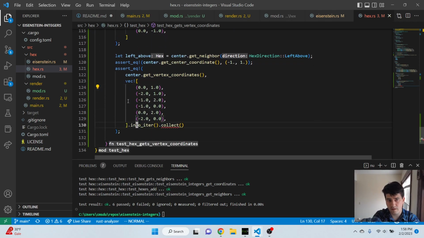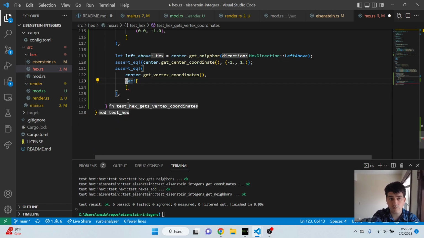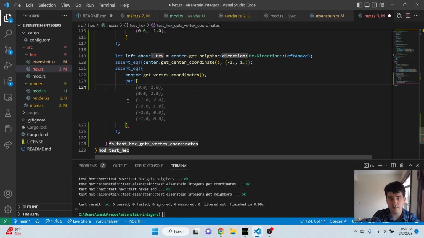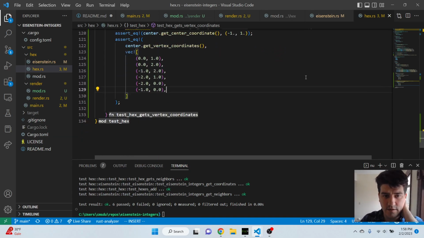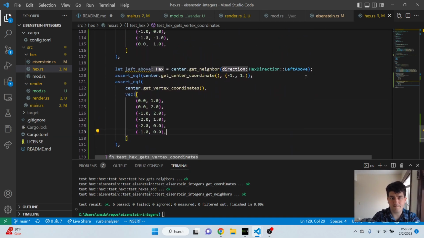And same thing here. If I X all this out, will GitHub be nice to me? 0, 1, 0, 2. Yes, GitHub was nice to me. Okay. This is wrong.